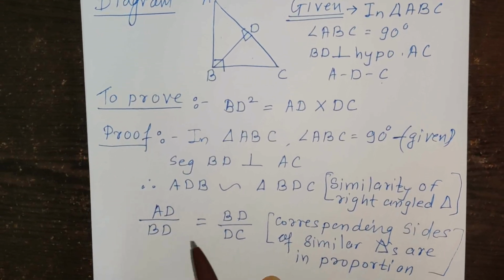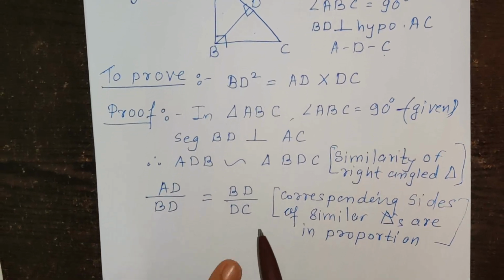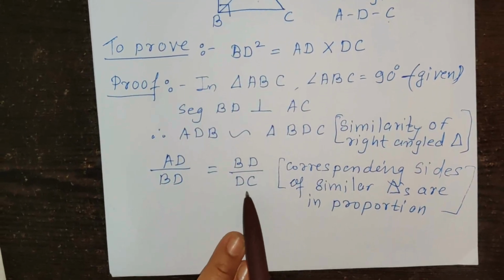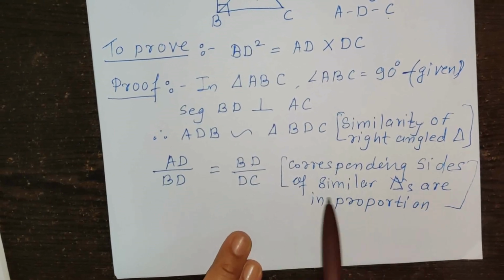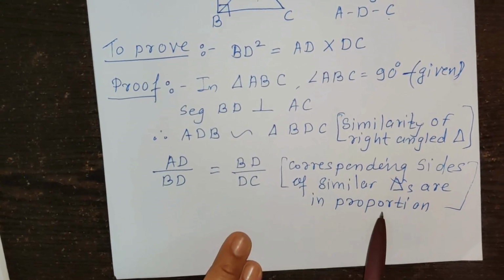The reason is corresponding sides of similar triangles are in proportion.